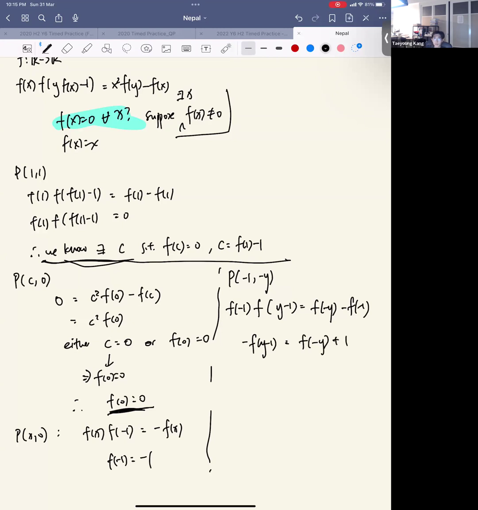Correct? So now we have that f(y - 1) is equal to -f(-y) - 1. Do you guys agree? Is anyone lost right now?